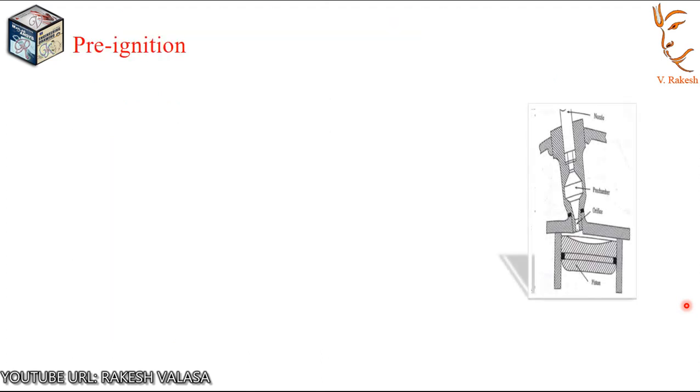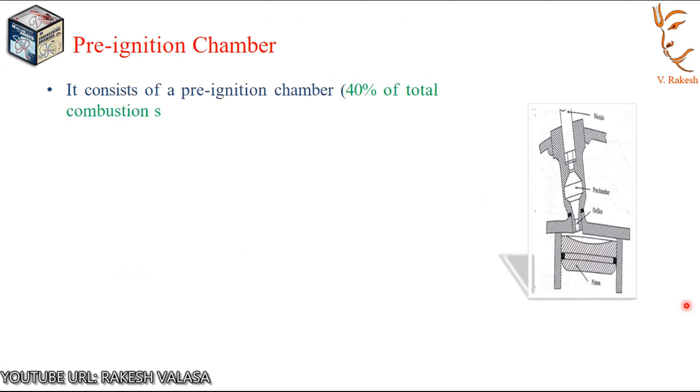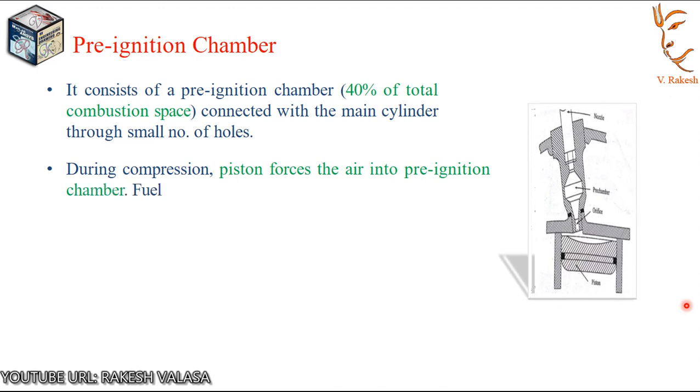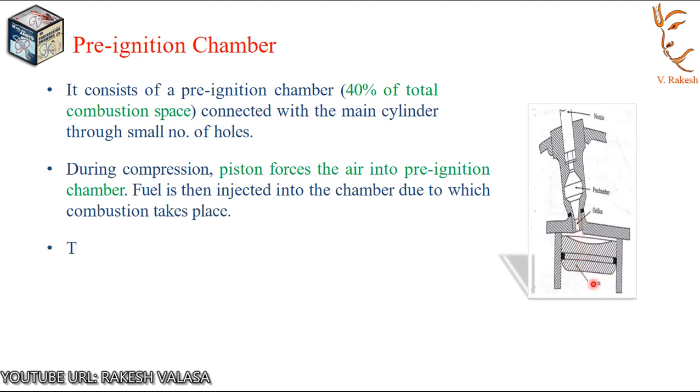Second one is free ignition chamber. It consists of a free ignition chamber, that means 40% of total combustion space. This is connected with the main cylinder through a small number of holes. During compression, the piston forces the air into the free ignition chamber.